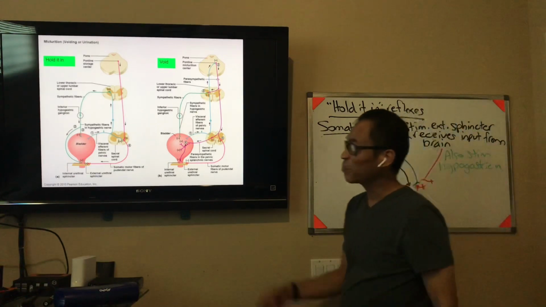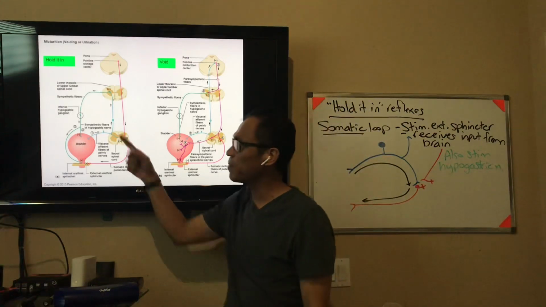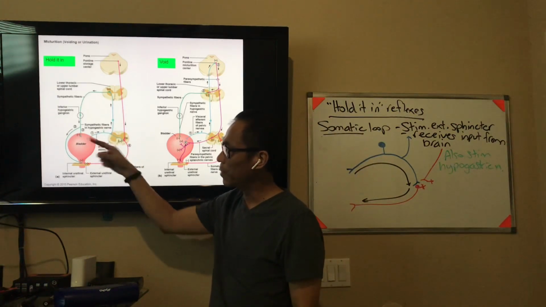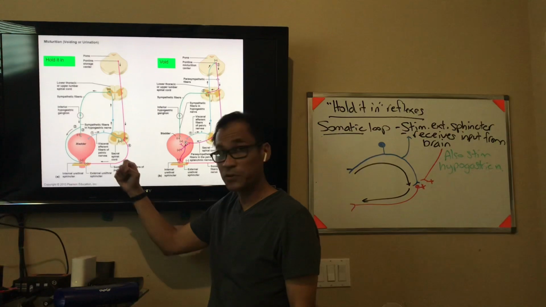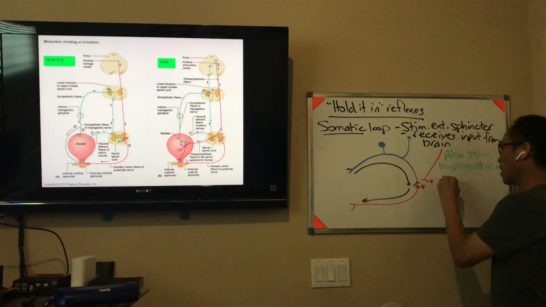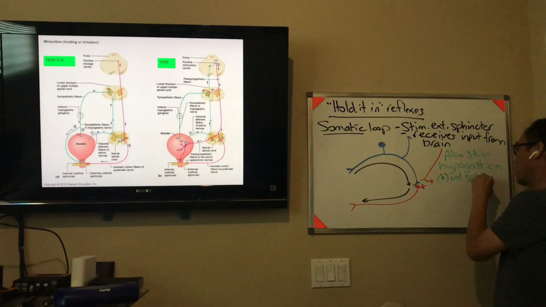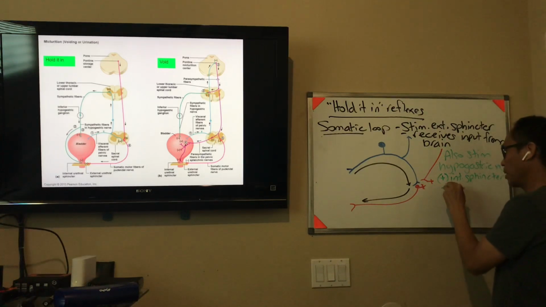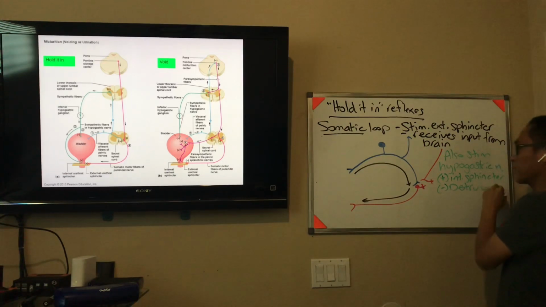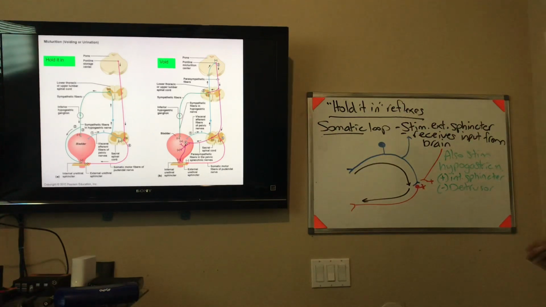Green isn't the darkest color, but that nerve is green on the figure, so I thought I'd use it. When you stimulate the sympathetic hypogastric nerve, you inhibit detrusor and stimulate the internal sphincter. That's what I mentioned before. So plus sign for the internal urethral sphincter. I'm just doing internal sphincter for short. Inhibit detrusor. And that's basically what you've got to know for these hold-it-in reflexes.